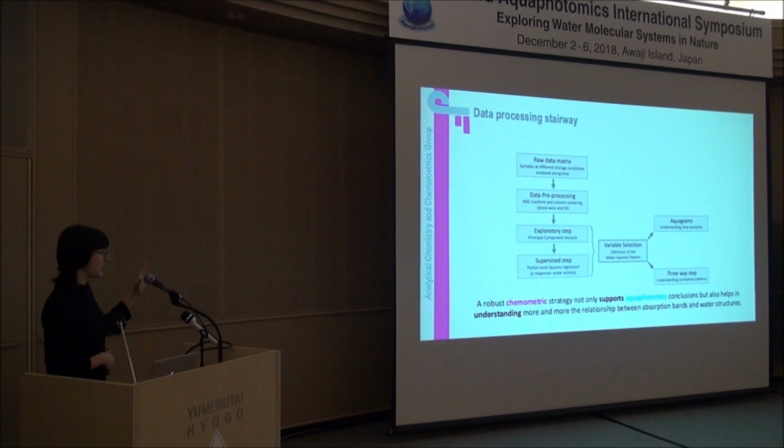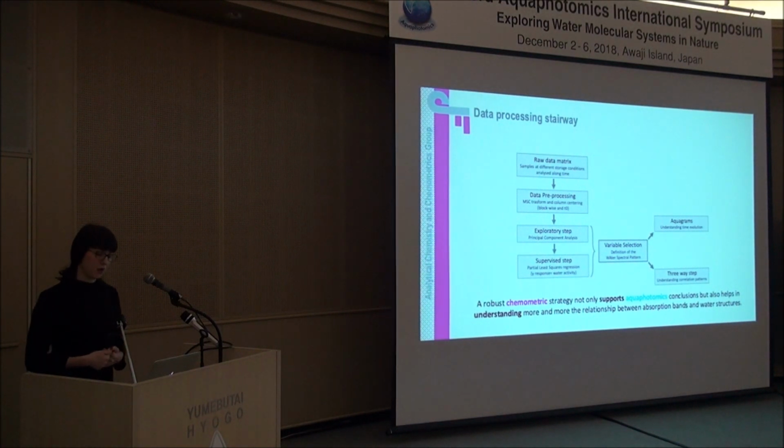The joint interpretation of the exploratory step and supervised step allows us to extract the variables that are activated in this process. So we define our WASP, and the WASP were represented using Aquagrams, of course. But at the end, we are the chemometricians, so we try to do something more.